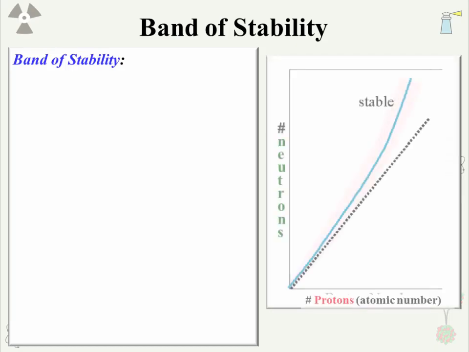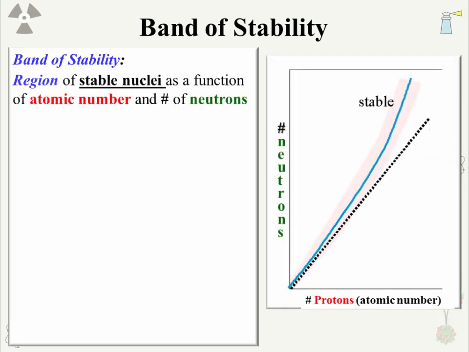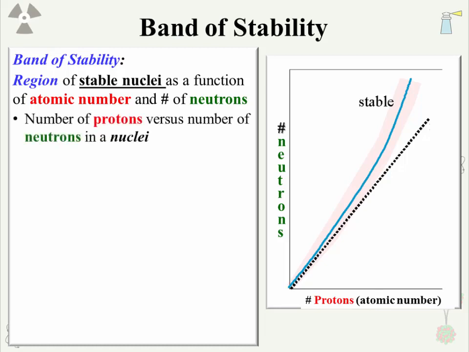When such measurements are gathered together and plotted on a graph, they show a band of stability, or a region of stable nuclei as a function of atomic number and the number of neutrons. The plot has the number of protons in a nuclei on the x-axis and the number of neutrons in that nucleus on the y-axis.